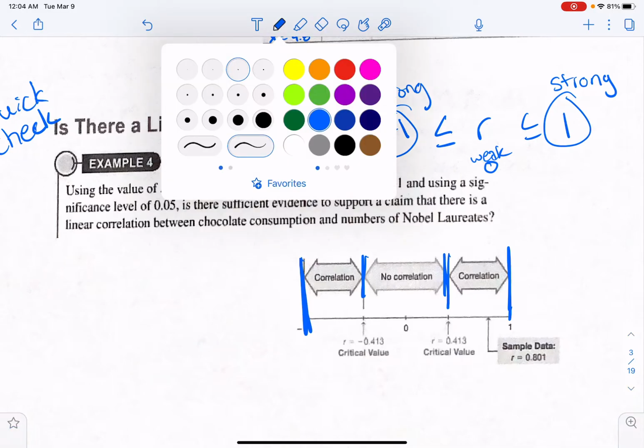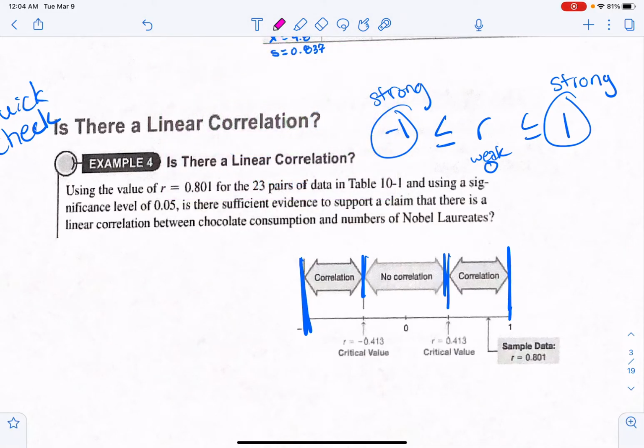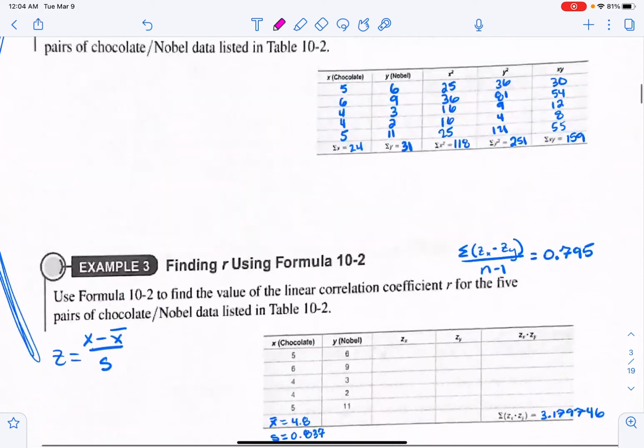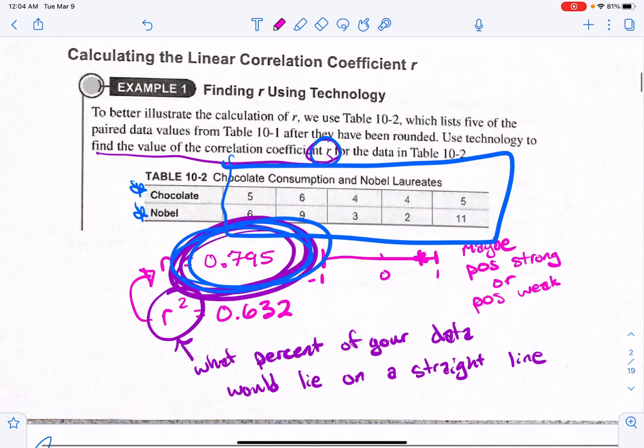We're still doing the Nobel Prize winners and chocolate consumption, but now they're taking us to the original table 10.1, which is in the back of your book. You don't have to look at it. But in table 10.1, it has 23 pairs of data values rather than just the 5 sets we had up here. They only had us do 5 so that we didn't get overwhelmed with 23 numbers all at once.